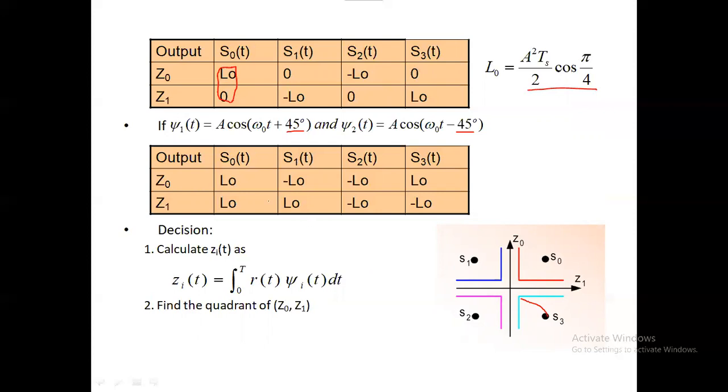So in this case, if we have the offset like this, we have the L naught component for S0(t) in the lookup table.